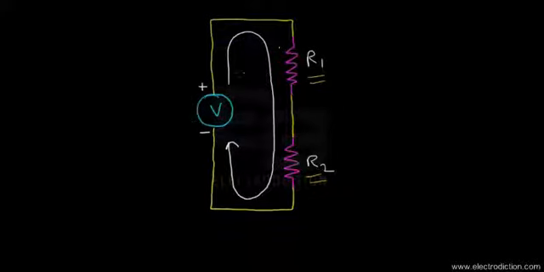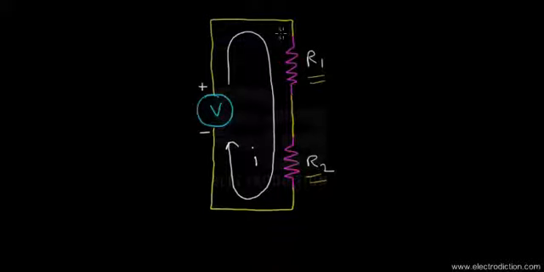Let's call this current I, as we did previously. Now this current, when it's flowing from the positive terminal of the voltage source to its negative terminal, is causing certain potential drops across R1 and R2. Keeping that in mind, we first determine the polarity of the voltages across R1 and R2 in order to use the conventions.